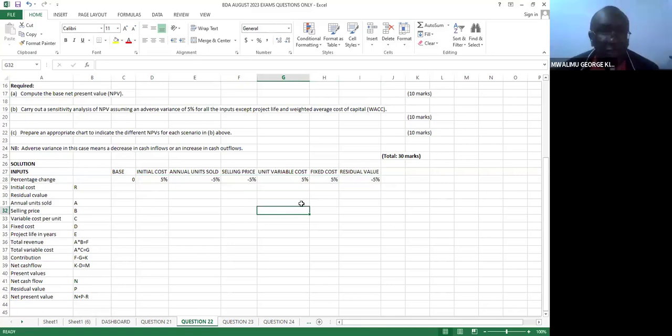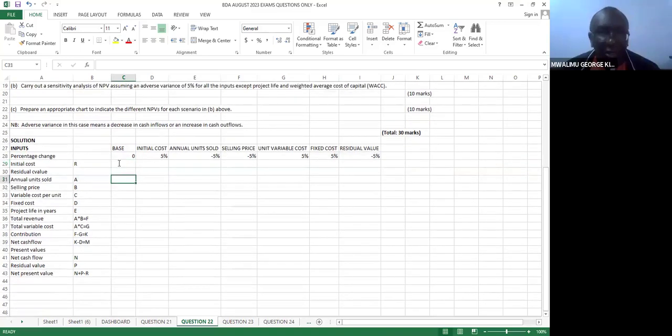Okay, so let's come here and get the residual values. Let's select these values from here.